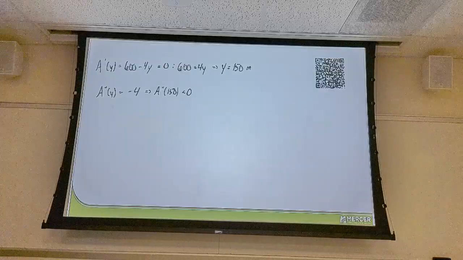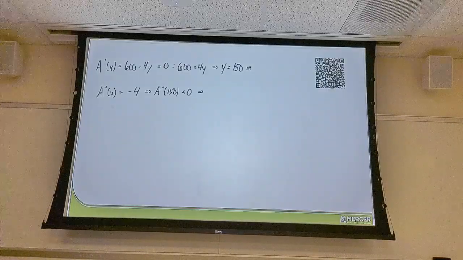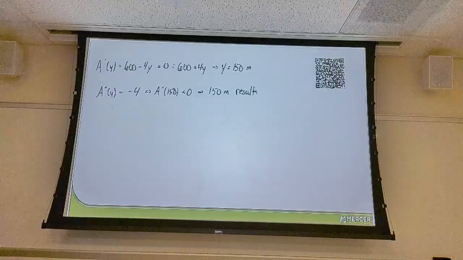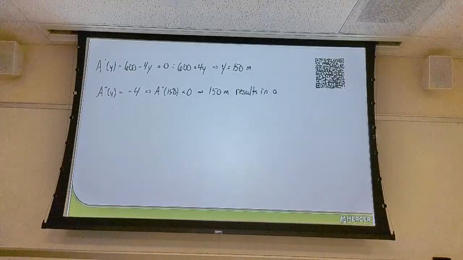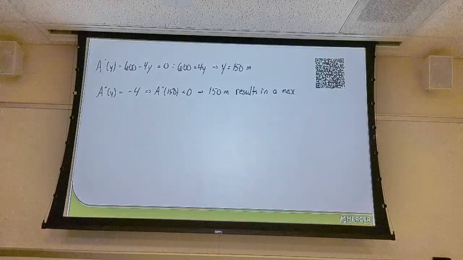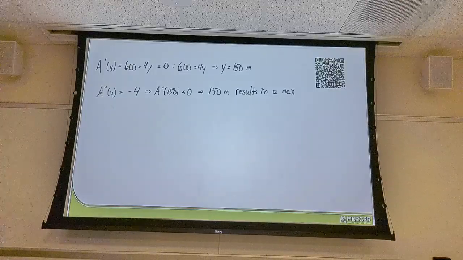Second derivative is always negative. That critical point results in a maximum. That's what we wanted, right? To maximize area.